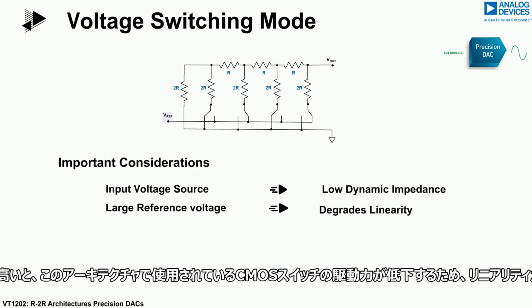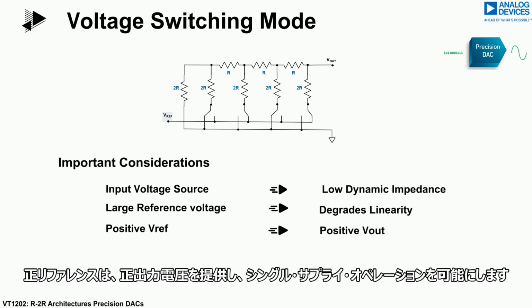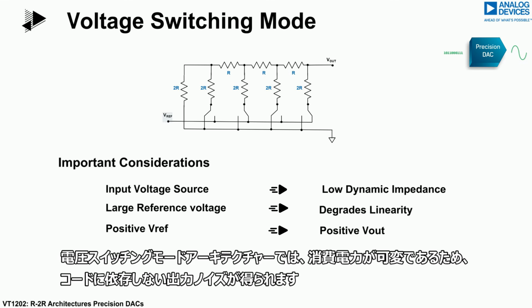High reference voltages will degrade linearity due to reduced drive available from the CMOS switches used in this architecture. A positive reference gives a positive output voltage, allowing for single supply operation. The voltage switching mode architecture offers variable power consumption, which leads to code-independent output noise.